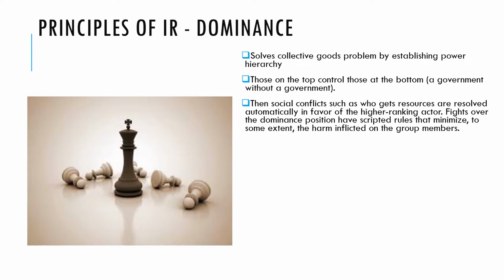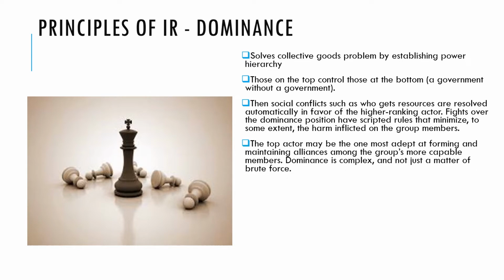So social conflicts such as who gets resources are resolved automatically in favor of the highest ranking actor. Fights over the dominance position have scripted rules that minimize to some extent the harm inflicted on the group members.